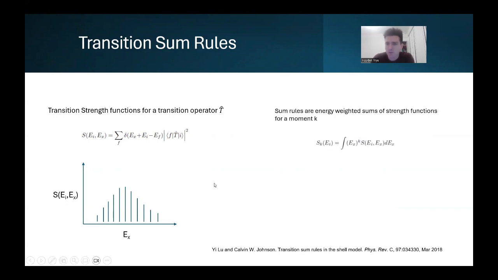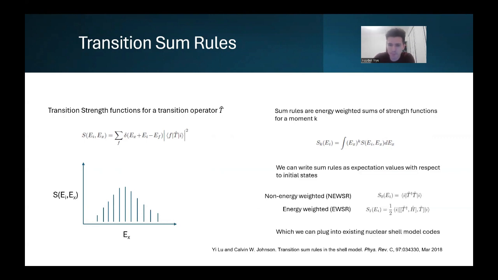The sum rules are essentially just the energy-weighted sums of the strength functions for a moment k. We can write our sum rules as expectation values with respect to initial states. Using these expectation values, we can plug them directly into existing nuclear shell model codes for a given range of nuclear energy levels.